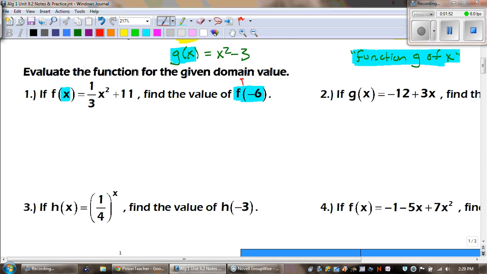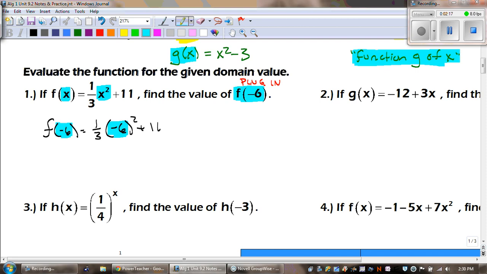What this means is we have to plug in. So when we are plugging in, we're plugging in -6. That equals 1/3 (-6) squared plus 11. So wherever there was an x, that's where I'm plugging in my -6.